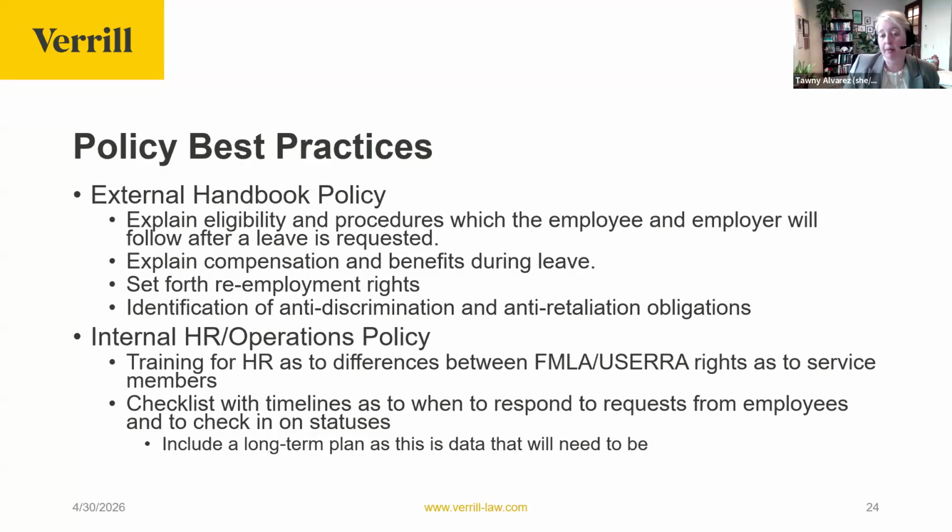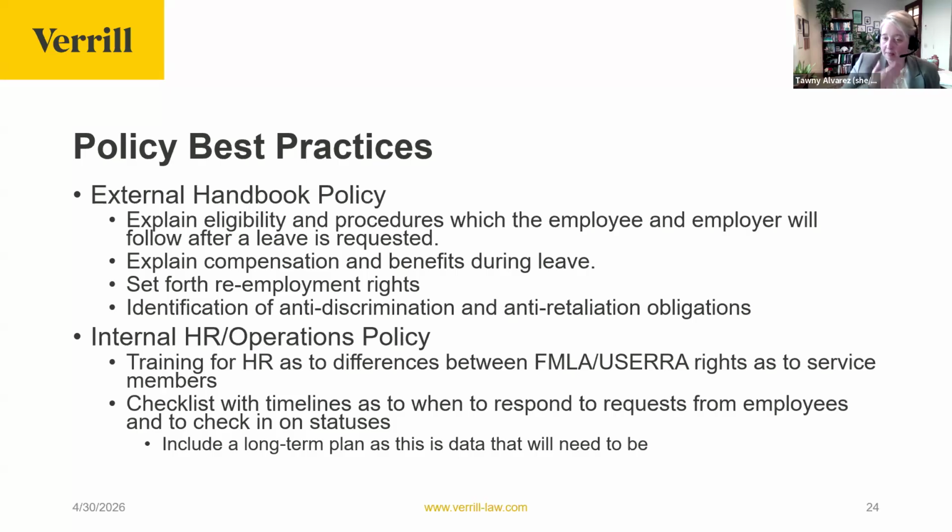When we have something like that, it is important to make sure that we have policies and practices set up. I've divided it into two categories, your external handbook policy. When I say external, I mean the policy handbook that you provide to your employees, your personnel policies, what all of your employees will read.